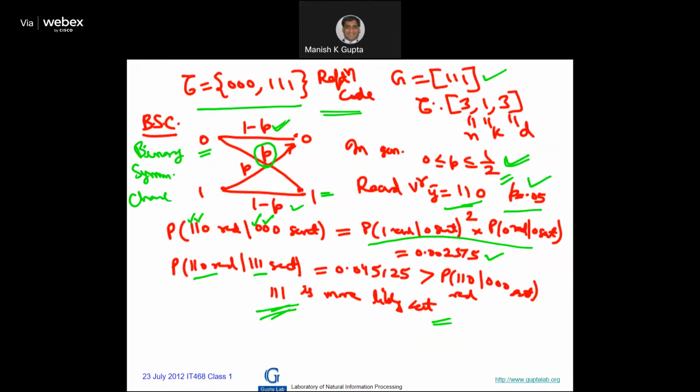Our repetition code, 0 is repeated 3 times and 1 is repeated 3 times. So C is 0, 0, 0, 1, 1, 1. The generator matrix is the single vector 1, 1, 1, right? Parameters are length 3, dimension 1, and distance 3. Distance is 3, so it can correct one error, right?